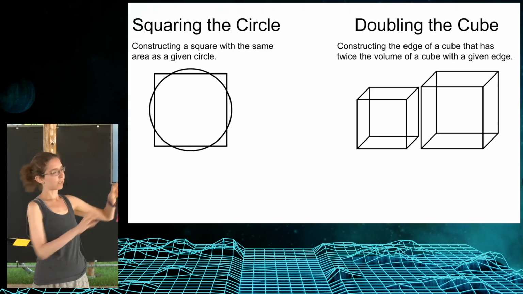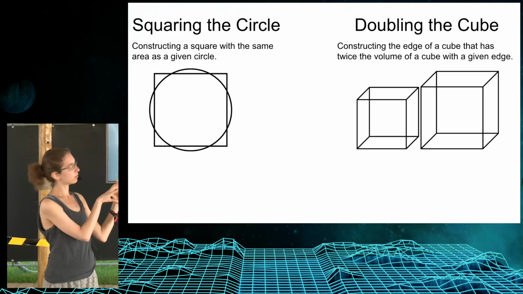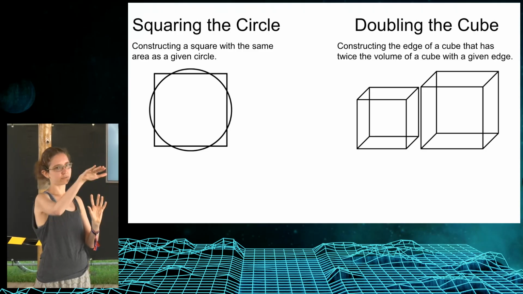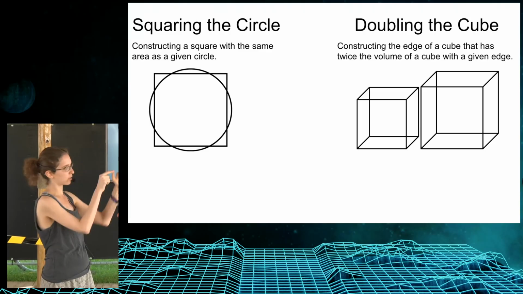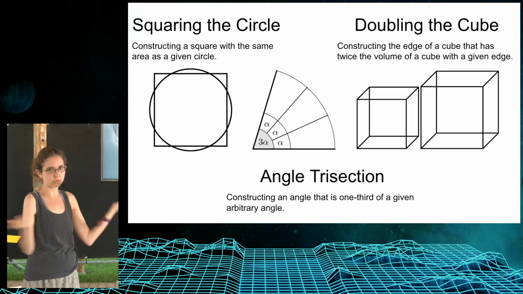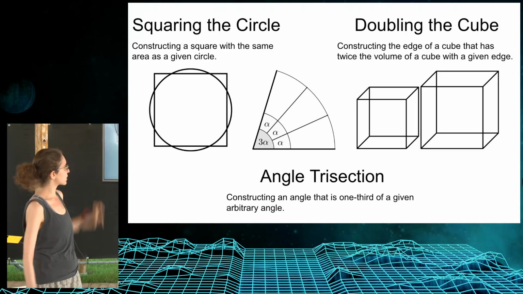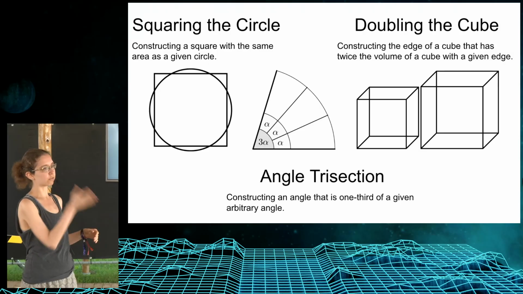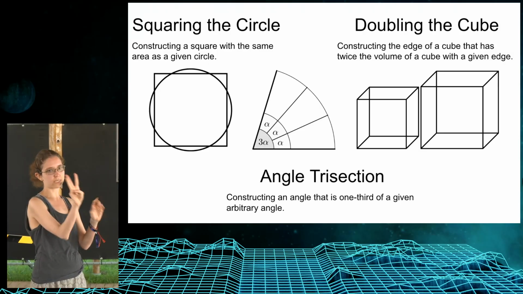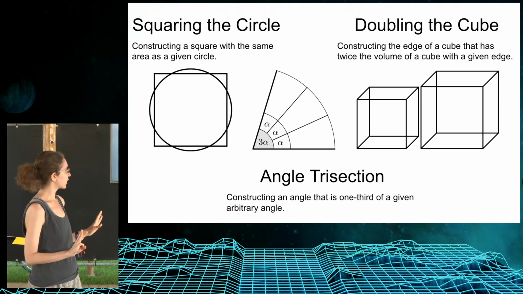Doubling the cube. If I have a cube, it has a certain volume. Now I want to create another cube that has double the volume of the first cube, and I want to understand what the size of its edge is. Also, couldn't do it with a ruler and compass. And trisecting the angle. How can you take an arbitrary angle and cut it into 3 equal parts?